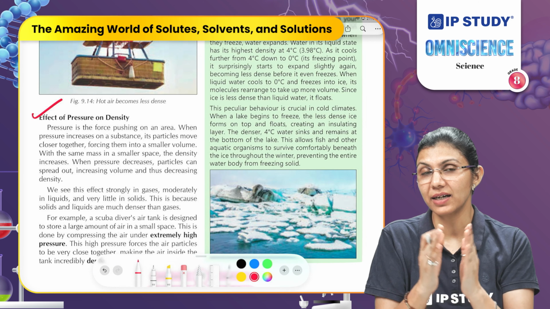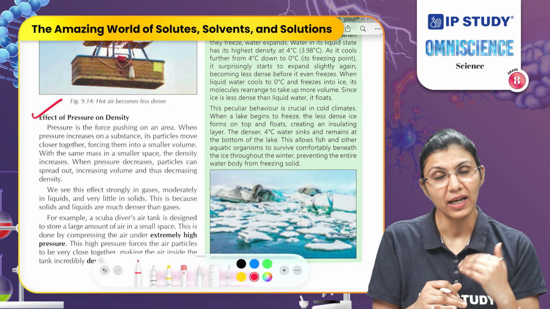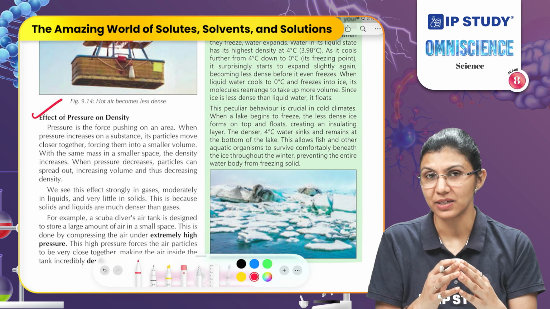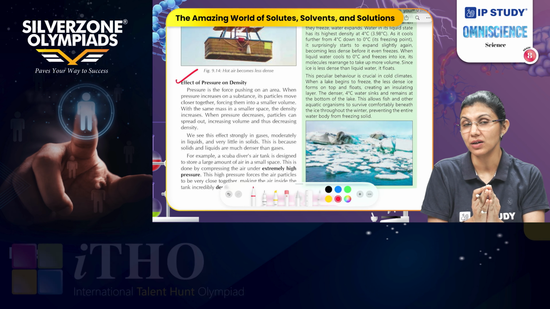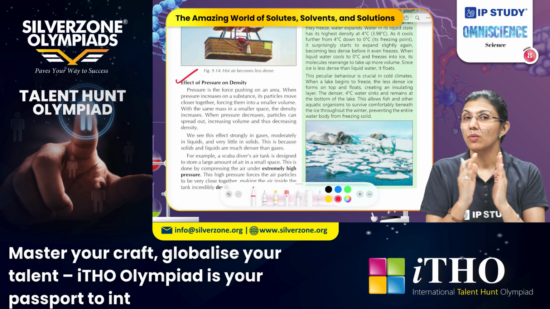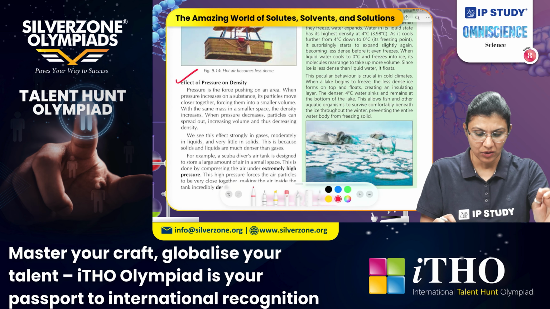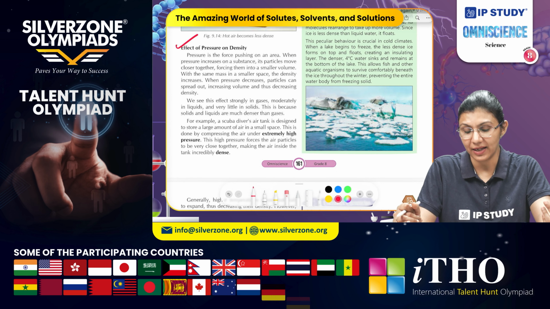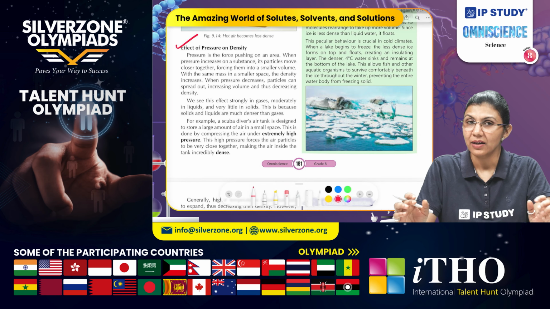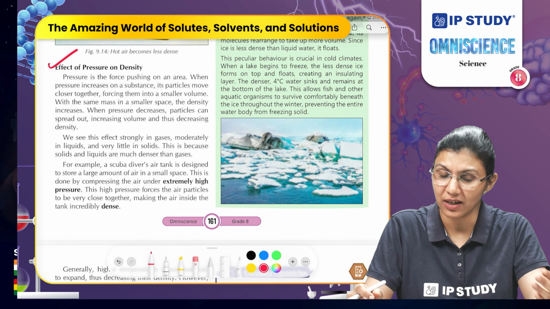That's why we say gaseous particles are highly compressible. When we apply pressure on gaseous substances, the density increases because more particles are arranged in the unit volume. So gases are highly compressible and we can control their density by changing the pressure.